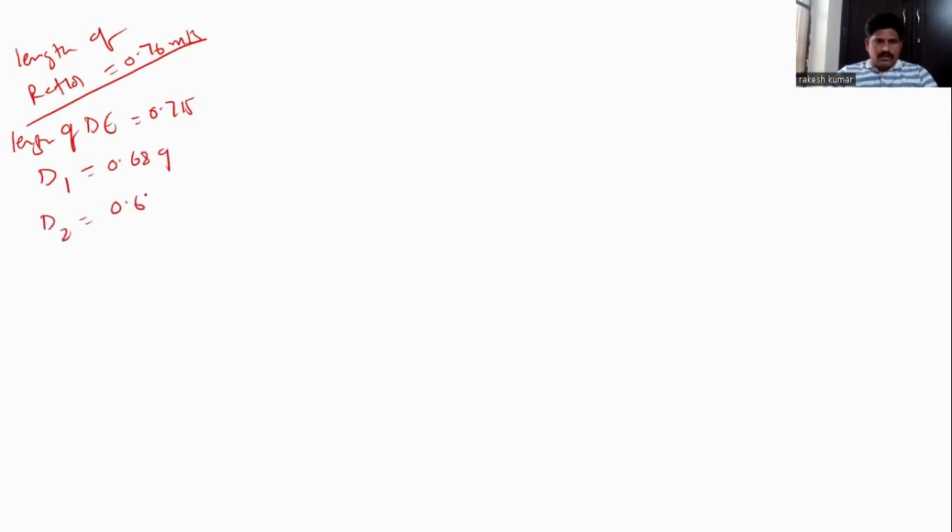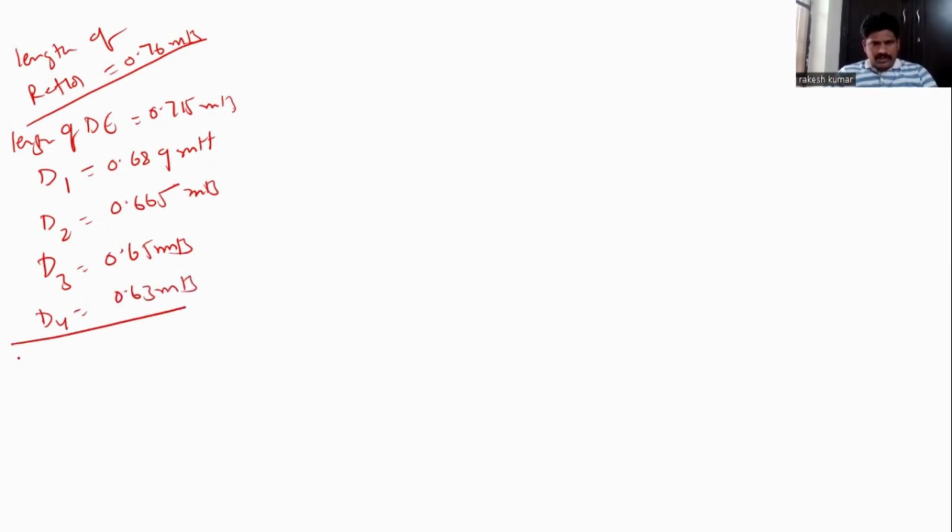D2 is equal to 0.665 meters. All are in meters. D3 is equal to 0.65 meters. D4 is equal to 0.63 meters.